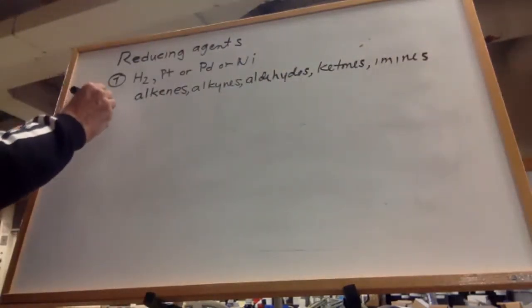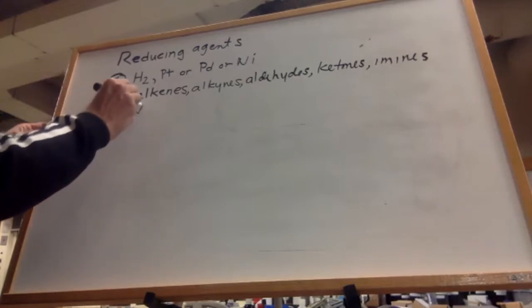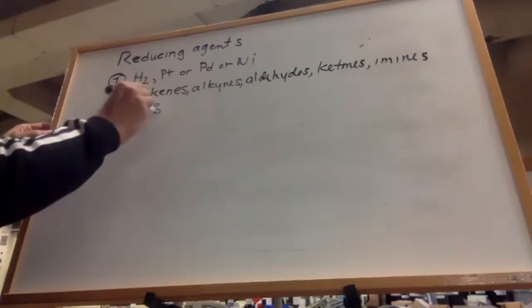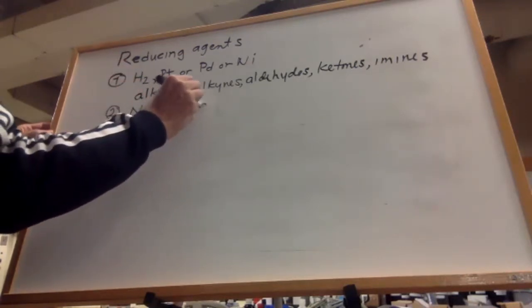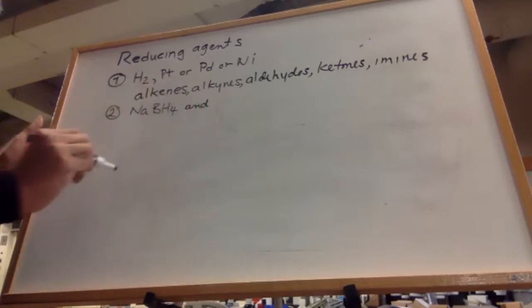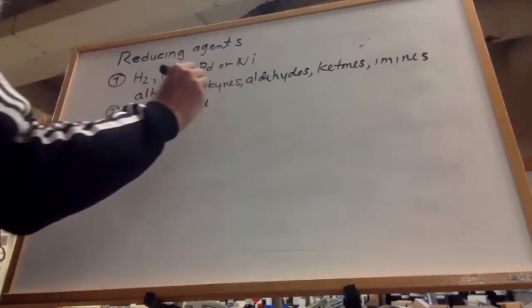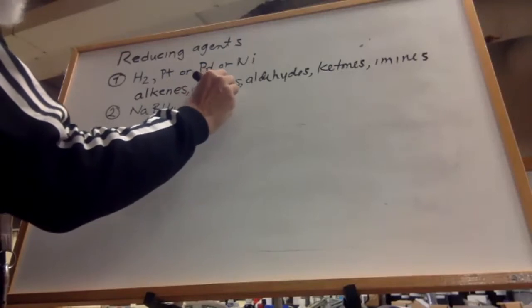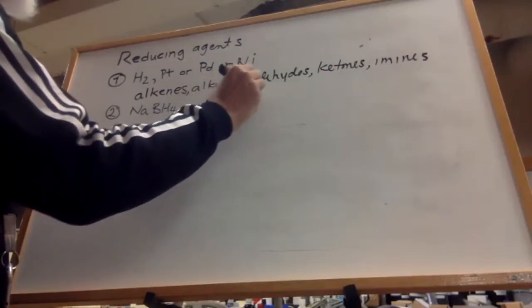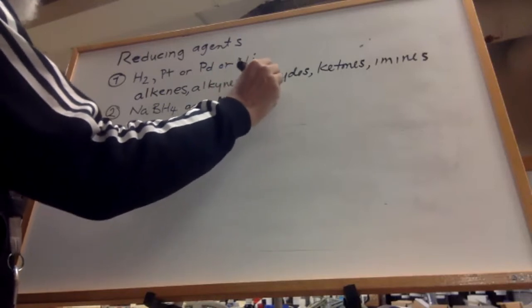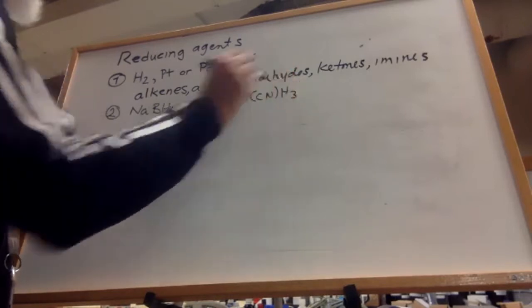Okay, then our next reducing agent is sodium borohydride, and its less reactive little brother, sodium cyanoborohydride.